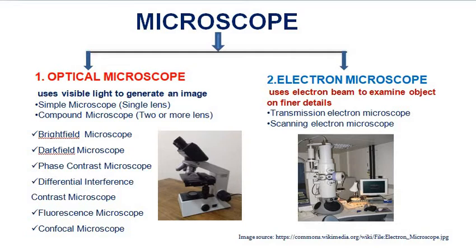We can see subcellular structures such as subcellular organelles and the cell surface with the help of the electron microscope. So depending on the application, the electron microscope is of two types: transmission electron microscope and scanning electron microscope. So you can see in this image that this is a light microscope and this is an electron microscope. So the optical microscope.